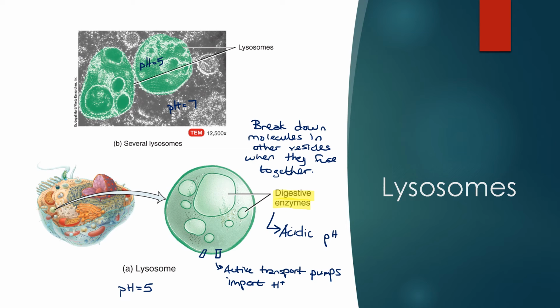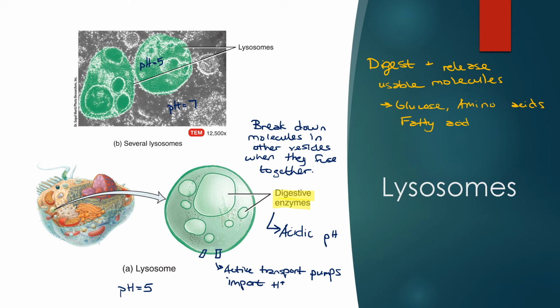And then the lysosomes are going to release the usable molecules back into the cytosol, things like glucose, amino acids, and fatty acids. These are all broken down molecules that can be used by the cell for other things.